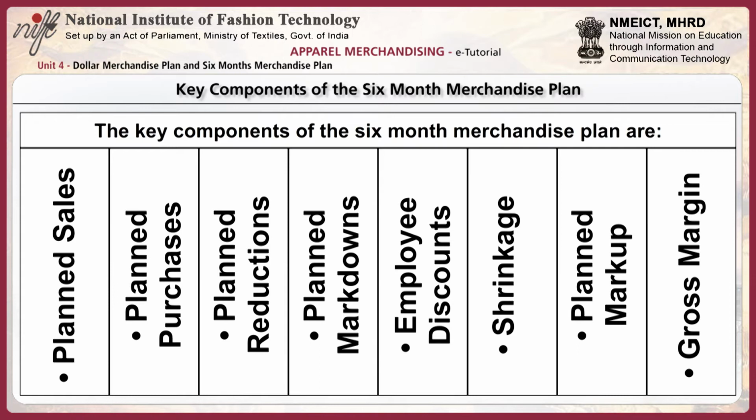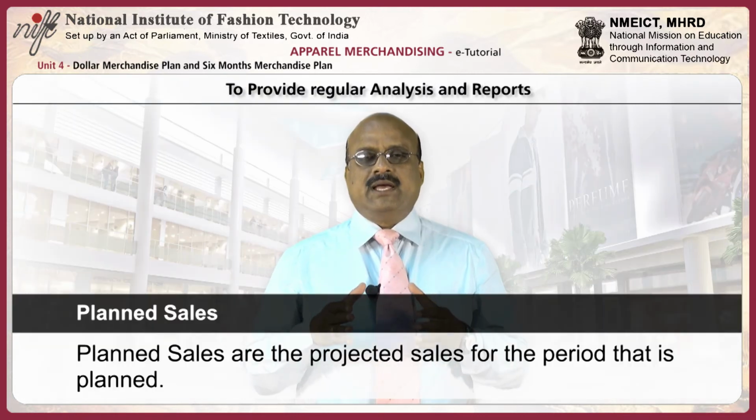The key components of the 6-month merchandise plan are planned sales, planned purchases, planned reductions, planned markdowns, employee discounts, shrinkage, planned markup and gross margin. Let us learn about each of them now. Planned sales.